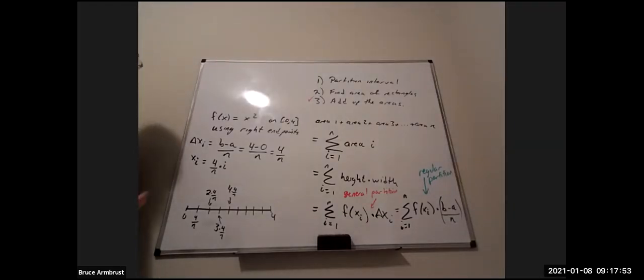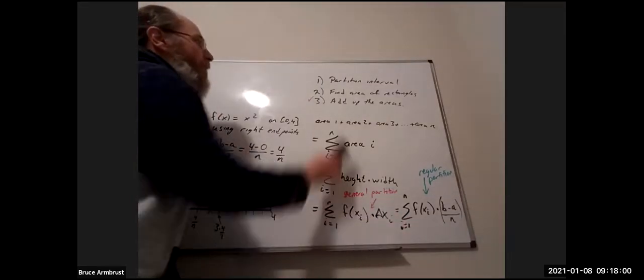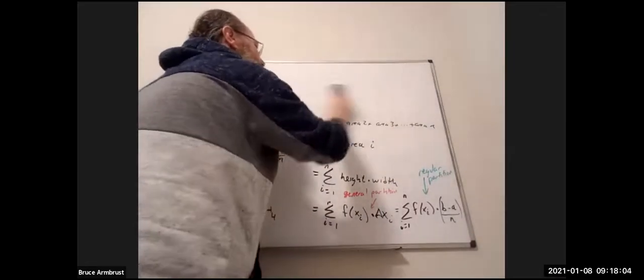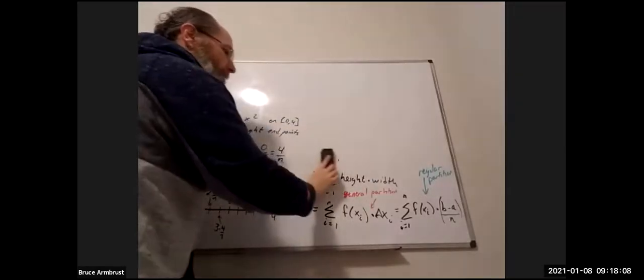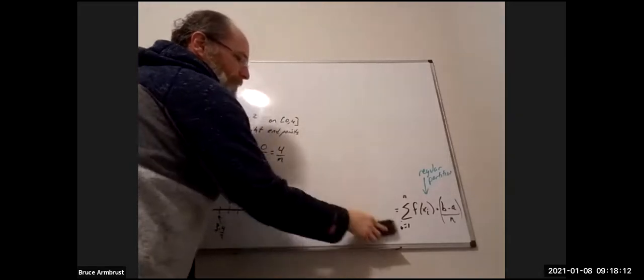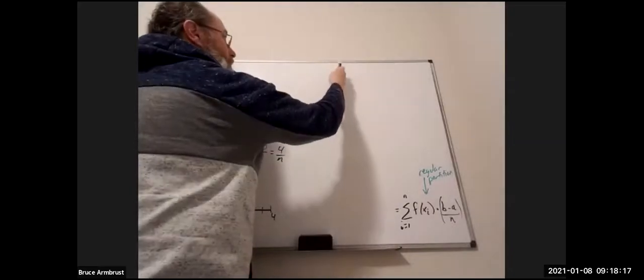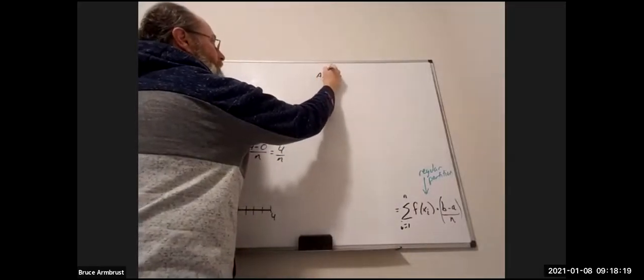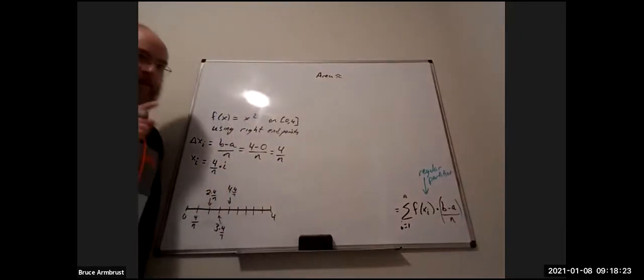Okay, so let's put this into the sum formula. Let's put this into here. So if we want to find the sum for any n for this function, this is what it's going to look like. I'll leave this just so we can look at it again. The area is going to be approximately equal to, this is an approximation, right?